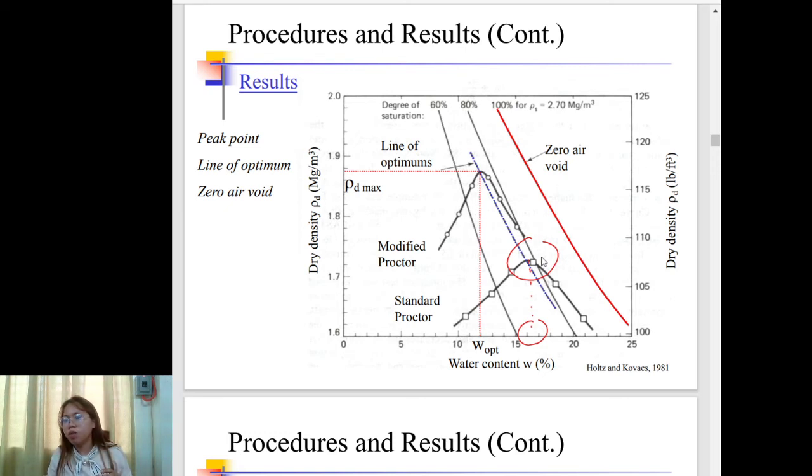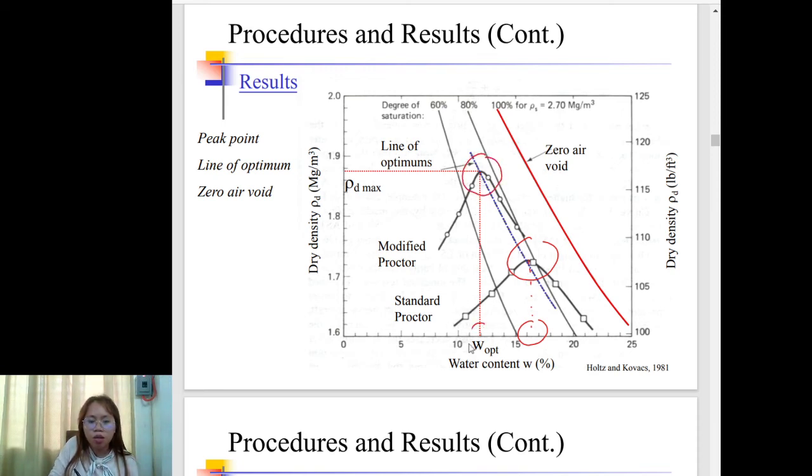In the FDT, you determine the maximum dry density of the soil. Because there is a criterion, the relative density should be 95% or better, 100%. So it is important to obtain the maximum dry density. This is for standard Proctor, and for modified Proctor, this one.